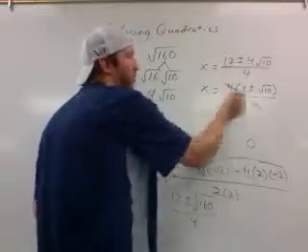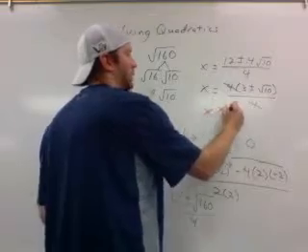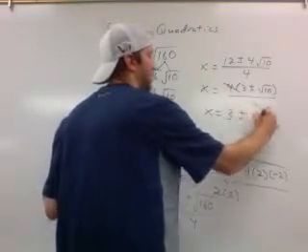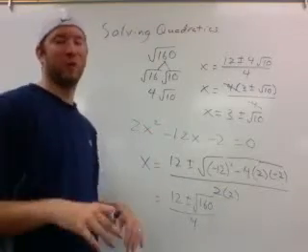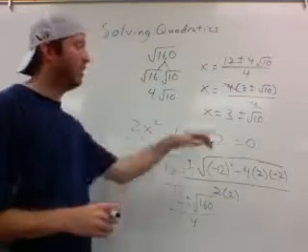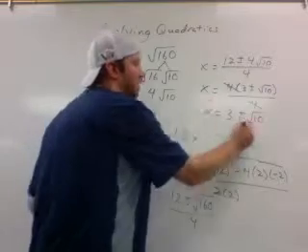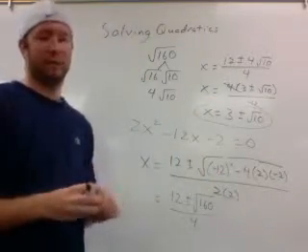And there we go, the 4s cancel, and we get that same answer we got by completing the square, but with a little bit less work to finish it off. So I end up with 3 plus or minus the square root of 10.